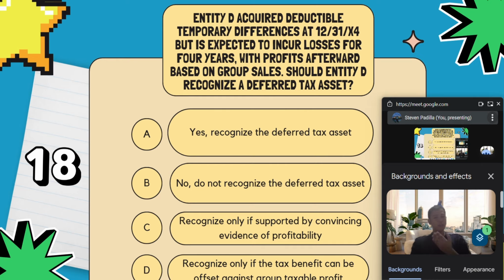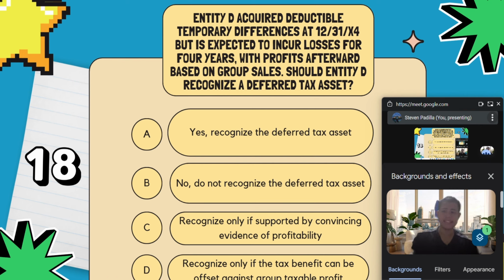For number 18, a deductible temporary difference normally creates a deferred tax asset. However, when future taxable income is not probable, recognition requires evidence. Expected future losses for 4 years mean future profits are not probable.